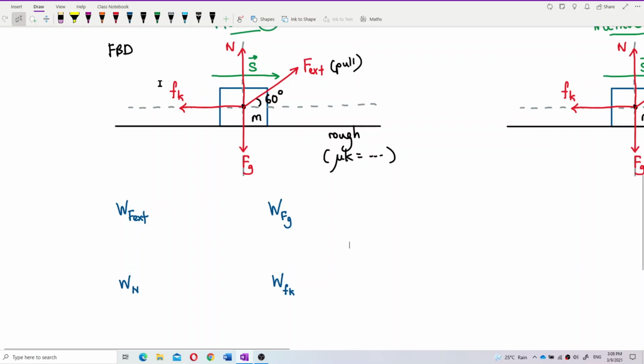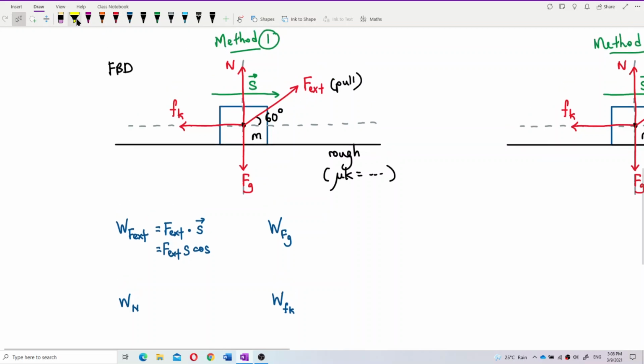Work done for the external force is equal to the external force dot with the displacement. So this is the external force times displacement, cosine what angle?